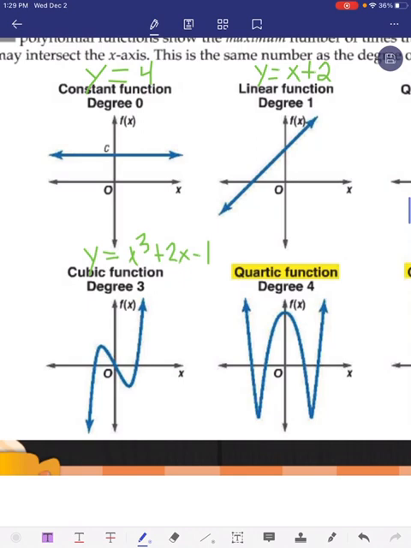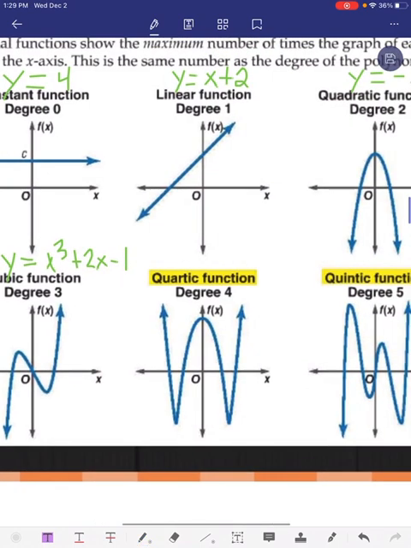On our next one, we have a cubic function, so it could look something like x cubed plus 2x minus 1, and again, it can cross the x-axis a maximum of 3 times.